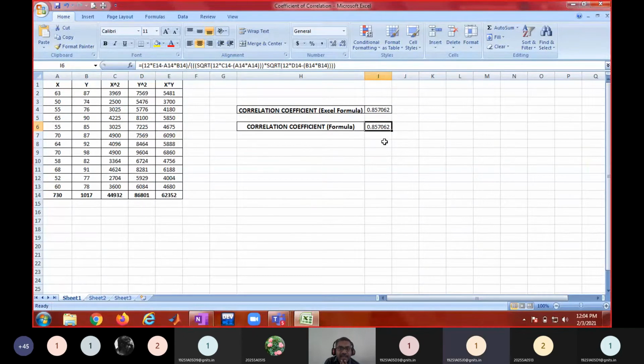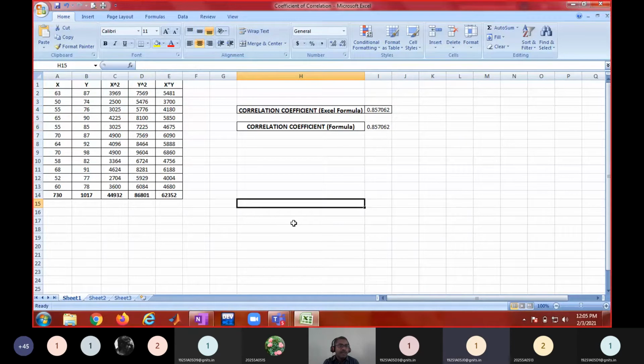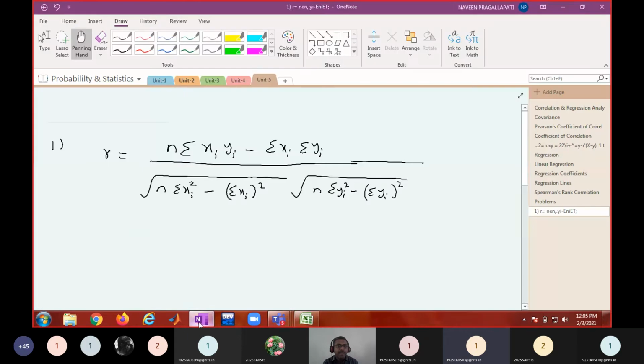When I use this formula, I got exactly the same value as given by the Excel correlation formula also. Is that okay? You prepare a table like this. At present, I am going to copy and paste here.